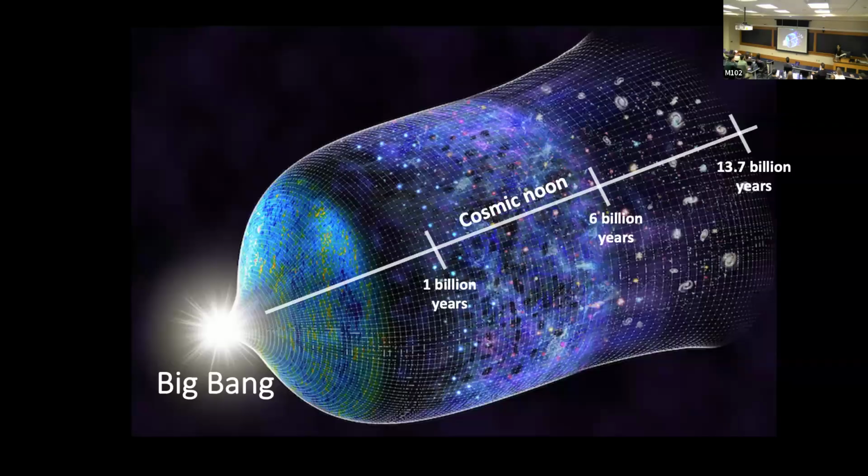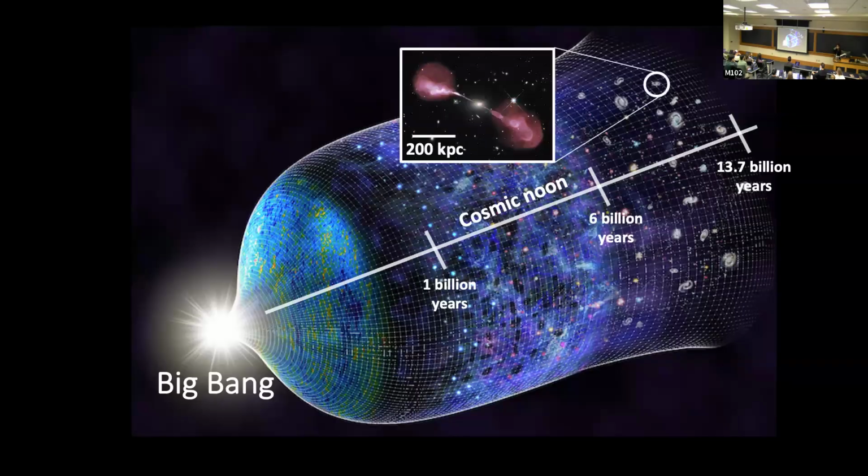Okay. So I want to focus in on my specific interest in radio AGN. This is a map showing the cosmic history of the universe. The Big Bang is on the left, and the present day is on the right. Here I've zoomed in on Hercules A that I showed a little bit earlier.